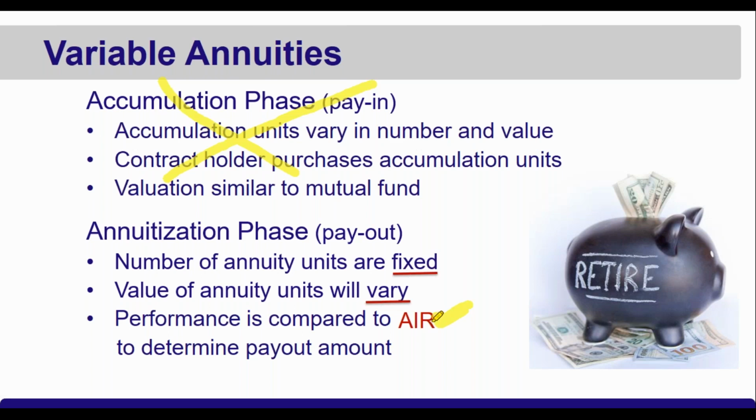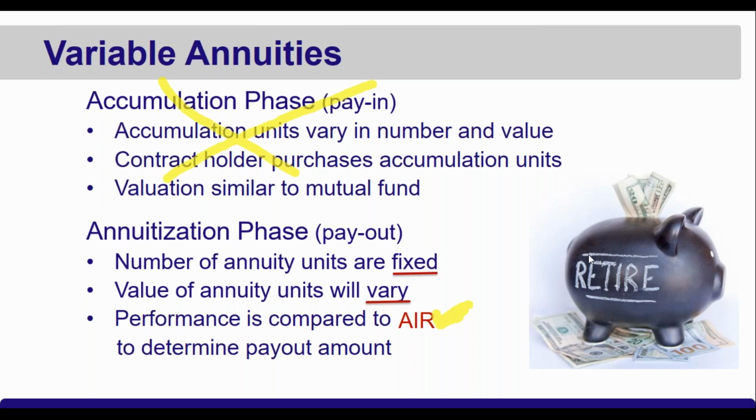If the actual return was not what they were projecting, then the next month's check will be something less than they got the month prior. If the return was right in line with what they were assuming, then the check will be the same as they got the previous month.